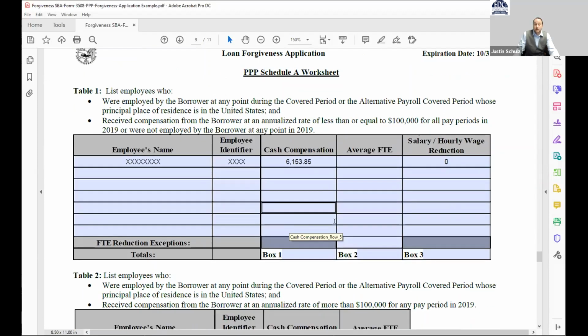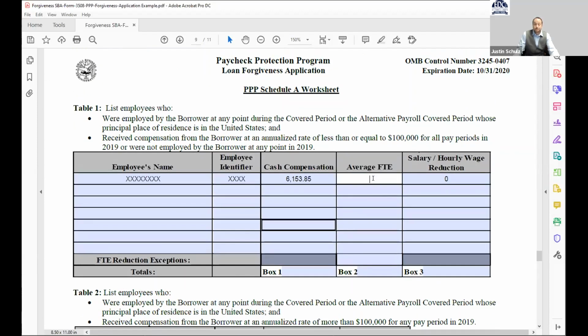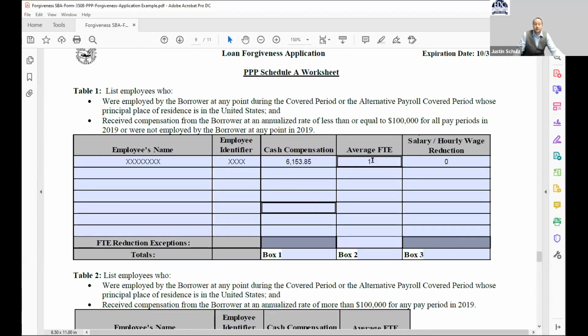All right, the next one is going to be the average FTE. And so in this time period, we did pay them the full amount and they got paid for the total hours they were getting paid for before. And so this average FTE would just be 1. If for whatever reason we had scaled back operations and they had only worked 30 of the 40 or only been paid for 30 of the 40 hours, then, if you remember, there were 2 different tests that we could use for this.